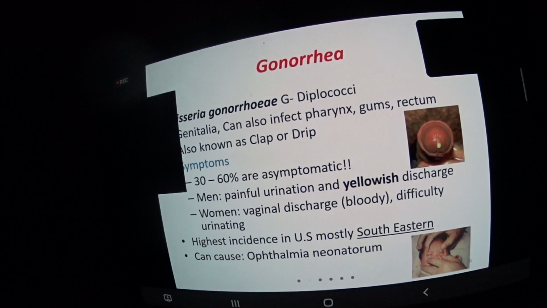The disease is also known in the streets as CLAP, or drip.